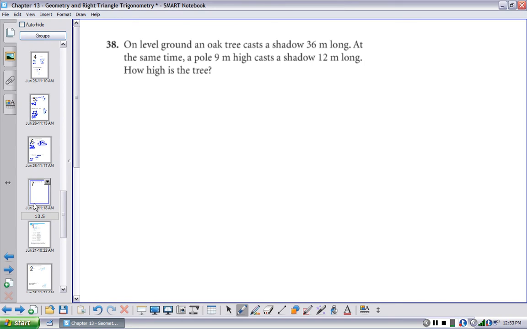Number 38 says, on level ground, an oak tree casts a shadow 36 meters long. At the same time, a pole, let's draw this to scale because this pole, I'm sure, is smaller than that tree, a pole of 9 meters casts a shadow of 12 meters.